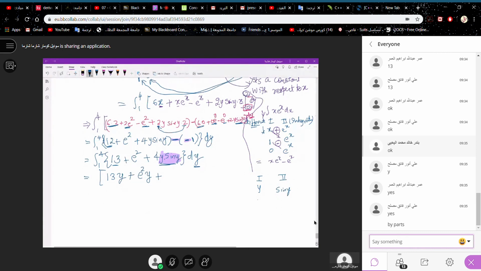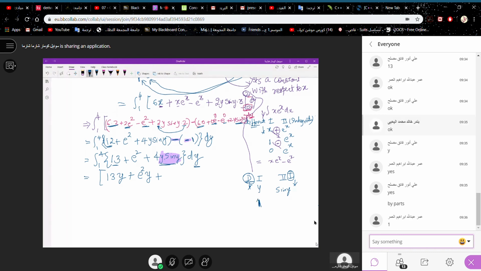This is d, derivative, and this is I, integration. So derivative of y is how much? 1. And integration of sin y? Minus cosine y or cosine y?